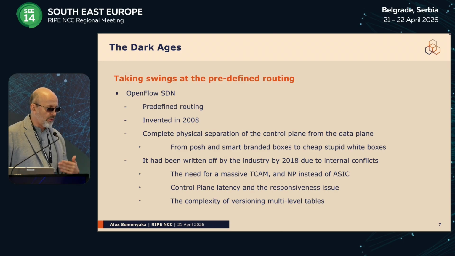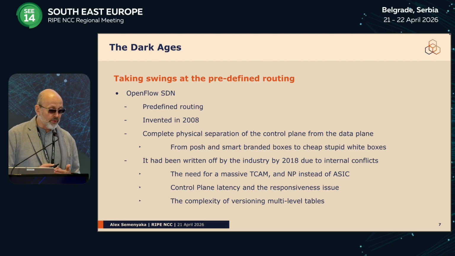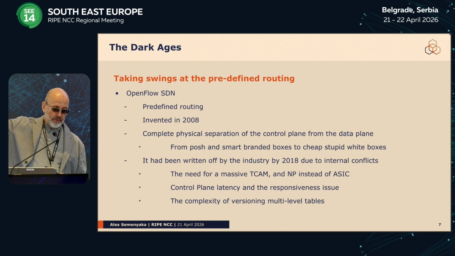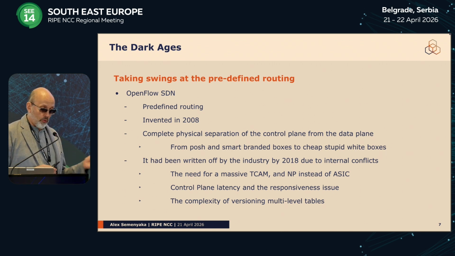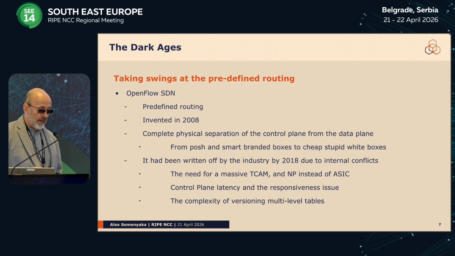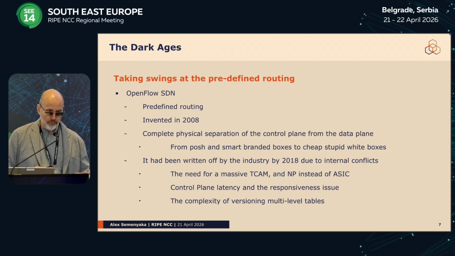Why? Because it turned out that this approach has internal contradictions, internal conflicts. Because with this approach, when everything is decided by some OpenFlow controller, our boxes now need a lot of TCAM, and ASICs are not enough for them.